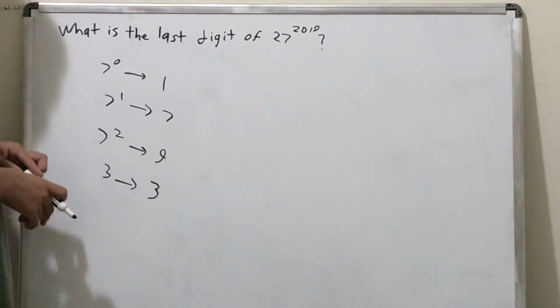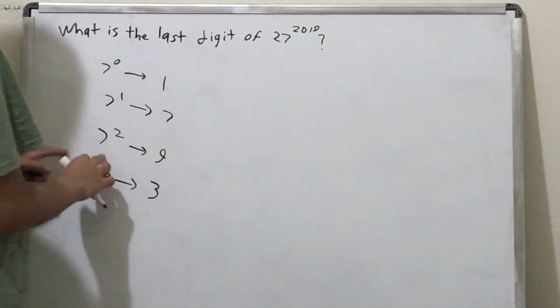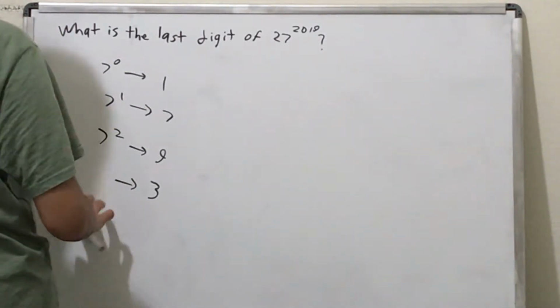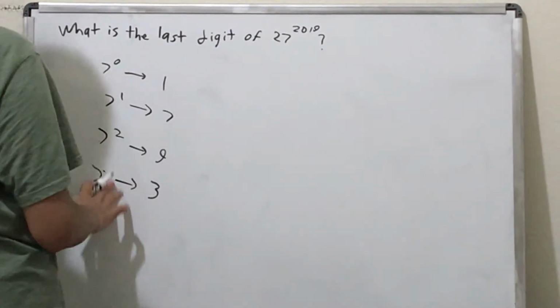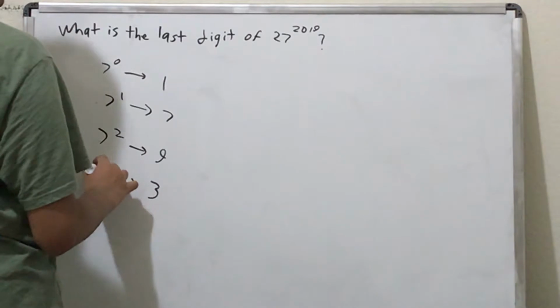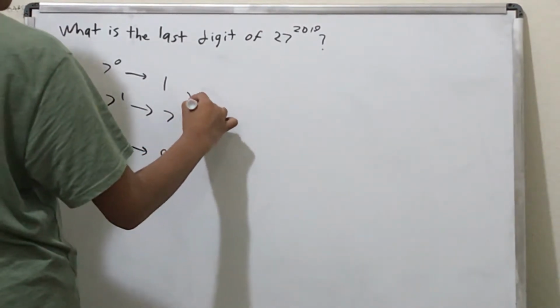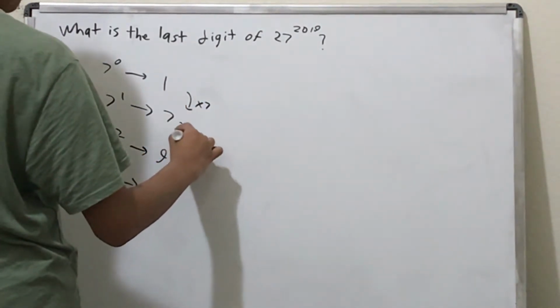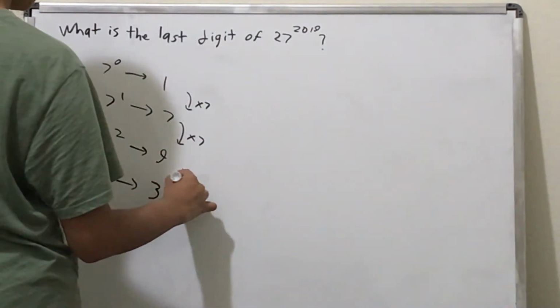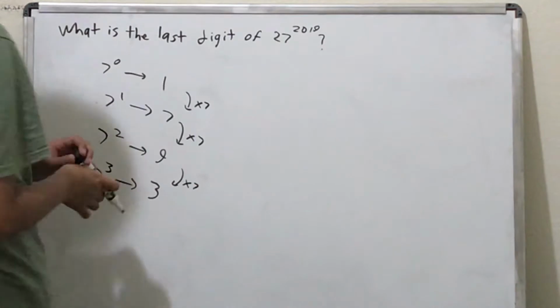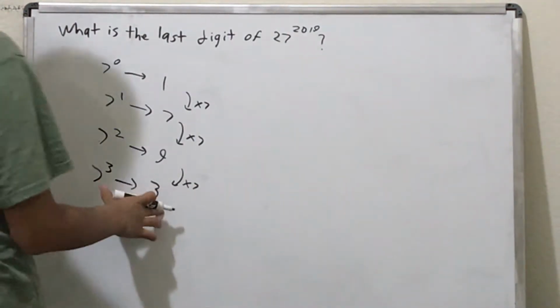Another thing is, you don't have to multiply the entire thing by 27. It's enough to simply multiply 1 times 7, then 7 times 7, which is 49, and you keep the 9. You multiply that 9 times 7, which is 63, and you keep the 3.